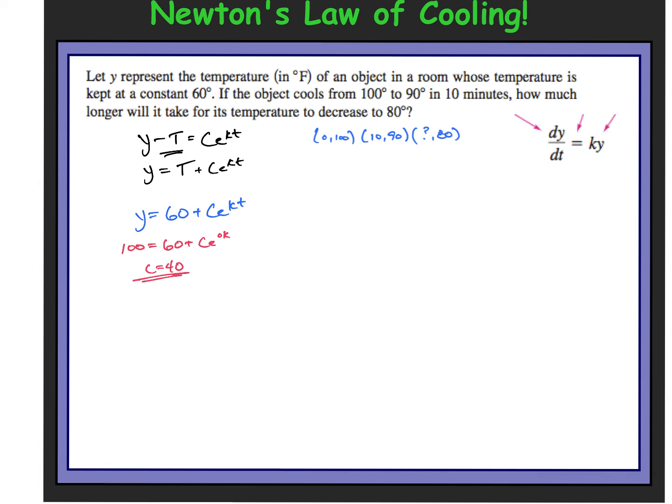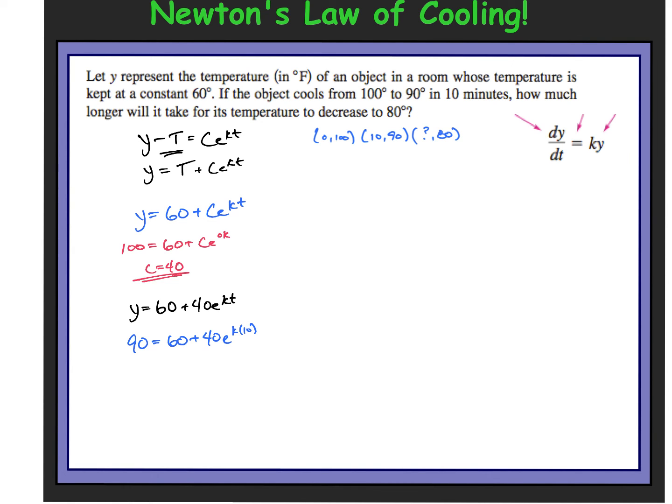We have C equals 40, so let's substitute it back in. So now we have y is equal to 60 plus 40e^(kt). Well, we solved for C. Now what do we need to solve for? K. So let's substitute our next ordered pair in. So now we have my y of 90 is equal to 60 plus 40e^(k times 10), or 10k.